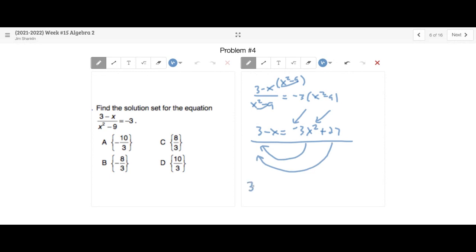So this is going to give me positive 3x squared, and then I still have that minus x on this side. And then I have negative 27 and positive 3, so that's going to be negative 24. So all I did is I just moved this stuff over to the side, and this is what I'm left with.